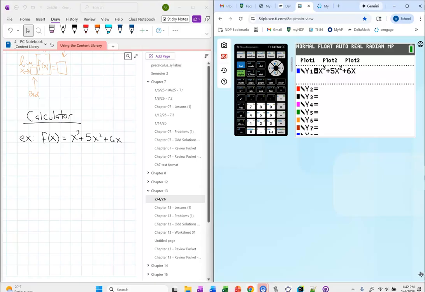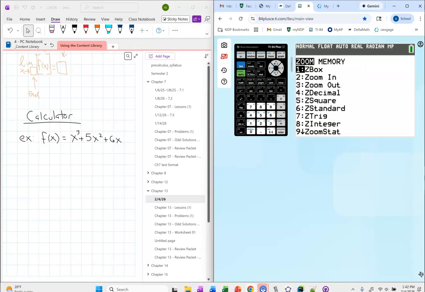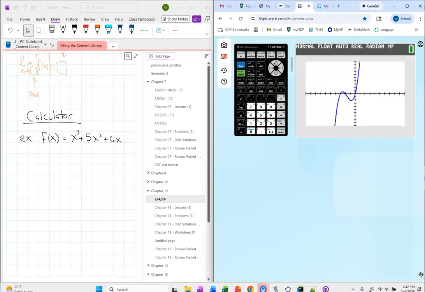So we're going to graph this now. Typically, when I graph something, I'm going to pick zoom standard, just so I have a reasonable starting window. Zoom standard just sets the graph going from -10 to +10 on the x, and -10 to +10 on the y.